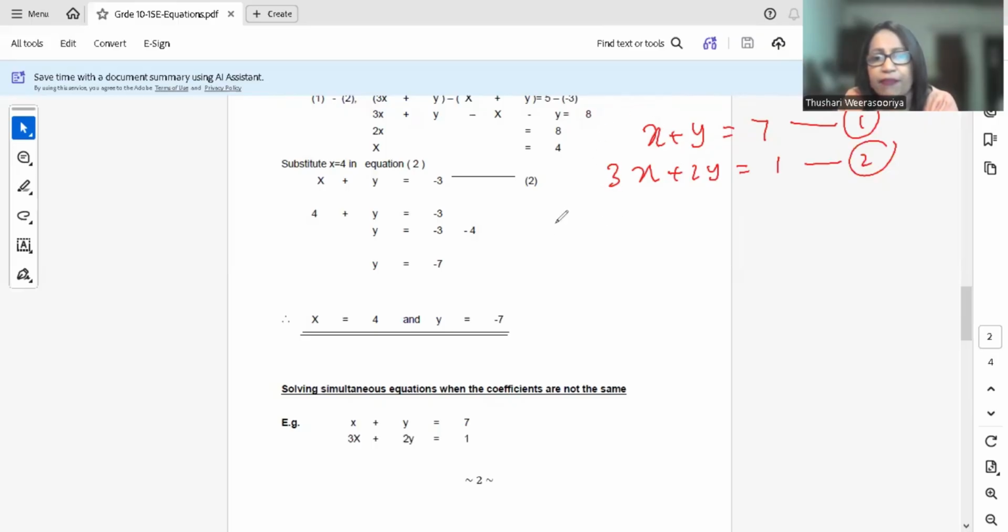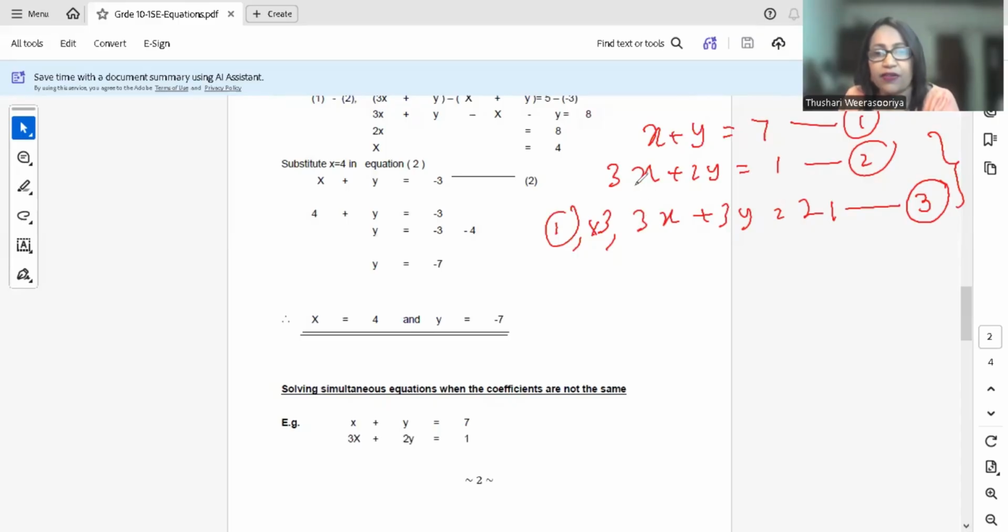Very simple. I'll make the x coefficient equal. Multiply equation 1 by 3. There you get 3x plus 3y equals 21. That is a new equation, so you get a new number, the third equation. Now for the operations, we take only 2 and 3. We don't take 1.